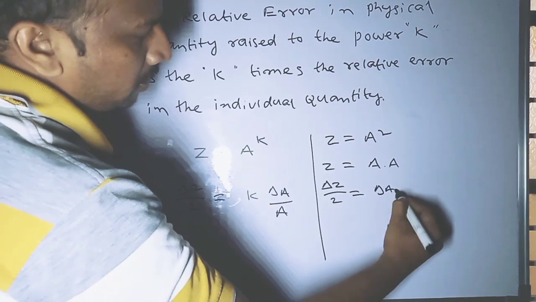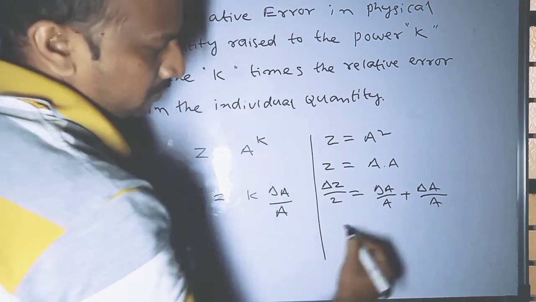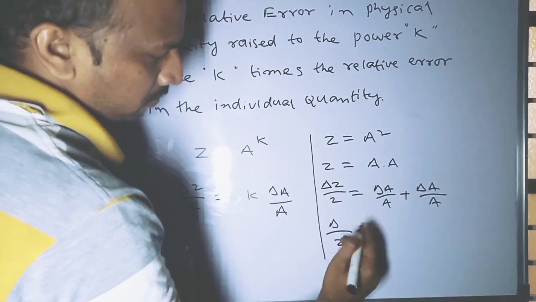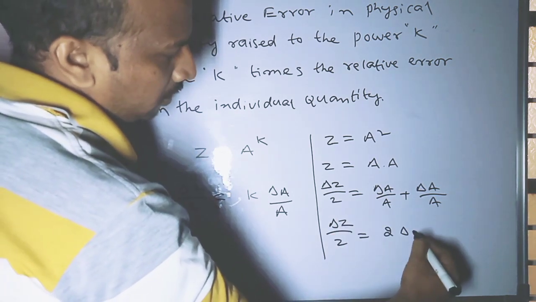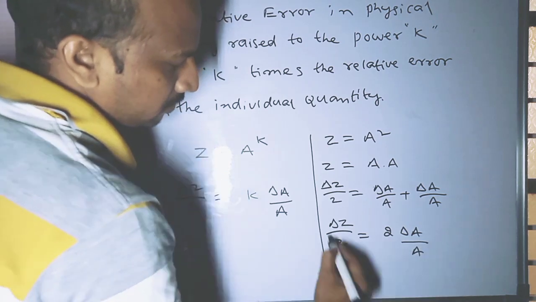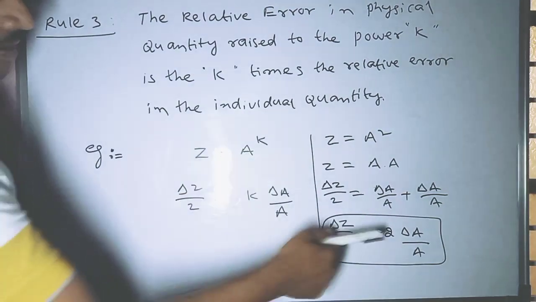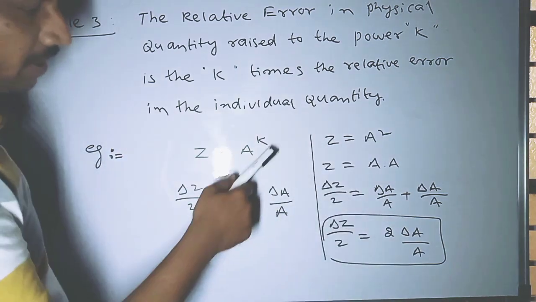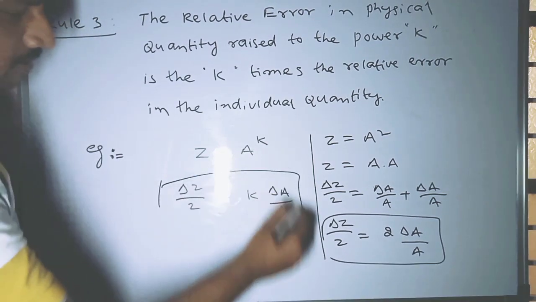That is delta a by a plus delta a by a. So therefore delta z by z is equal to 2 into delta a by a. This is nothing but the second rule. But for k, if it is 2 then 2 into, if 3 then 3 into, and for k it is k times, k into delta a by a.